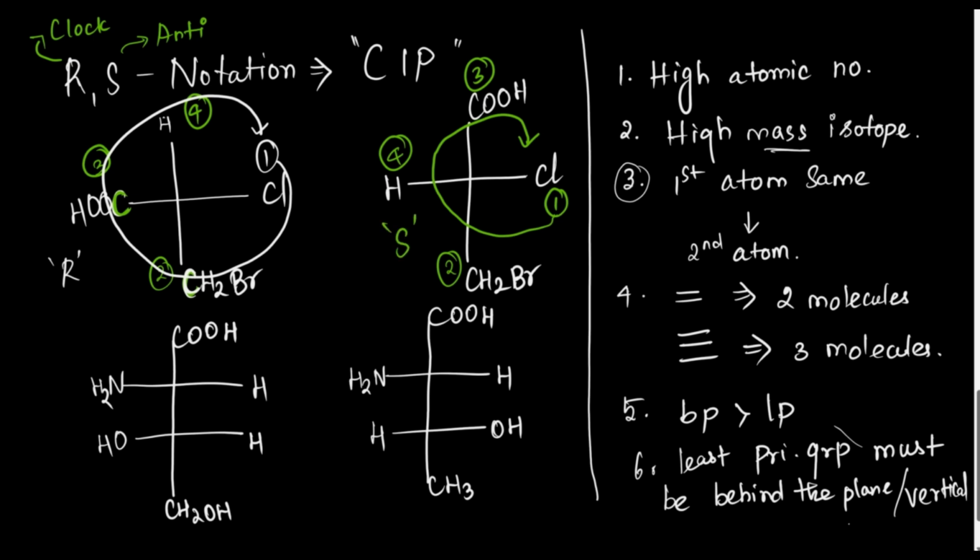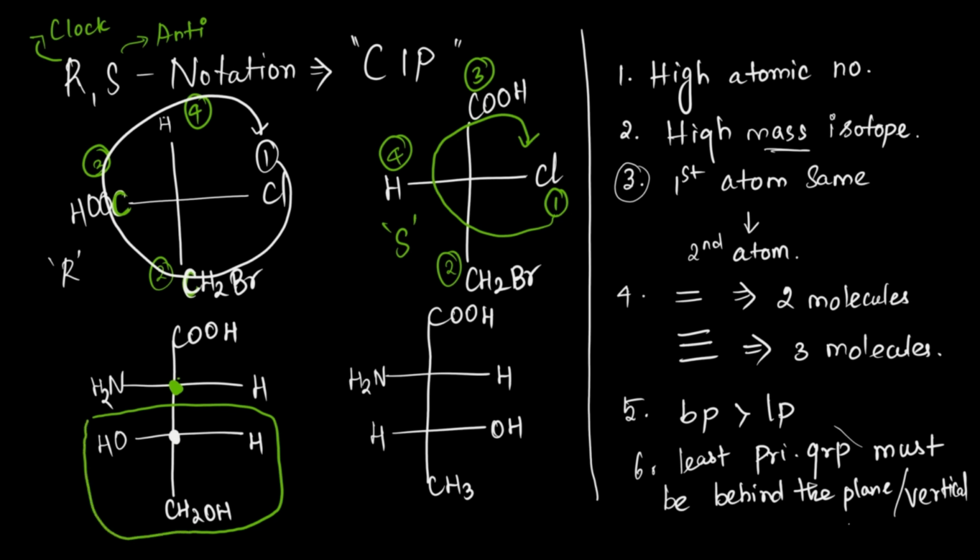And the third example over here is having a 2-carbon system. If I am considering the first carbon, which is green color, you have to take this group as a single group, like we did for COOH.